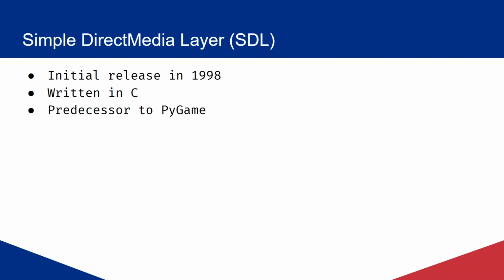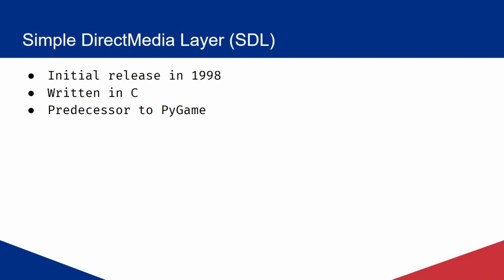All right, so I've been talking about SDL a lot, and SDL, it's basically the same thing. It's a library of cross-platform modules to access your system's media hardware. The only reason why this is important is because this came first and it was developed in C, and Pygame is basically just a thin little layer of code that refers to C code.